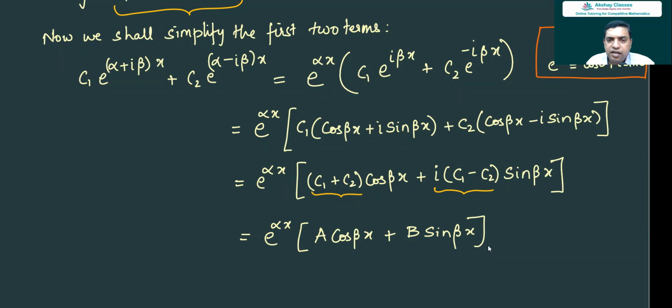And even in alternating current circuits, LCR circuits, in the solutions you get cos beta, sine beta, because alternating current means you can model it as cos plus i sine. So it's a sinusoidal waveform. So in alternating current circuits also, we get this solution.